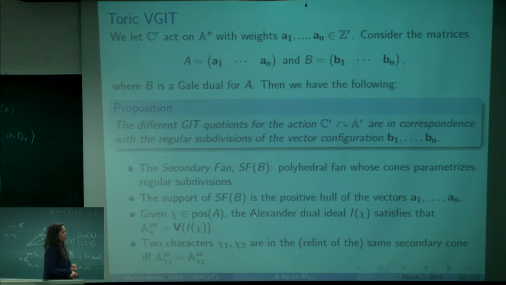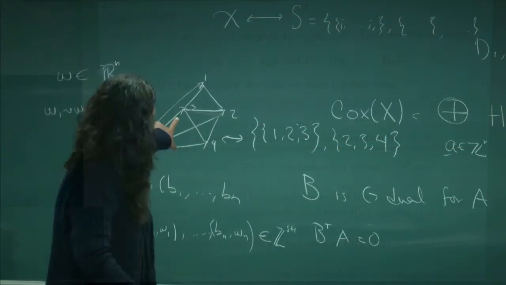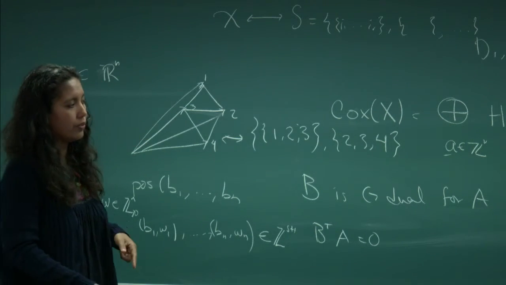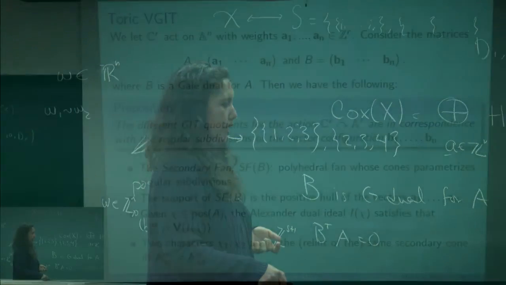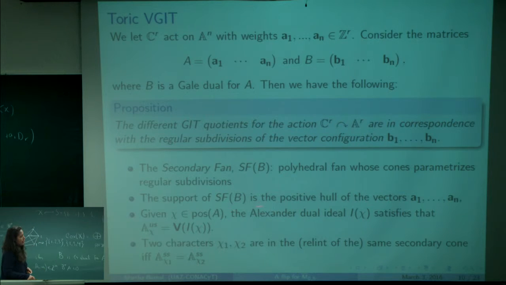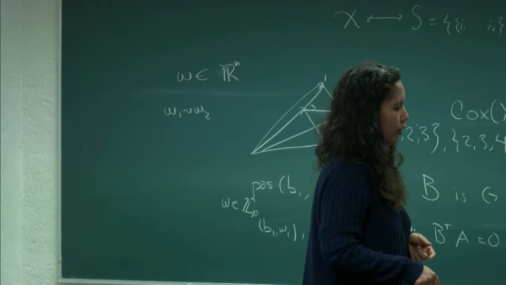This ideal is going to be in n variables, as many as the elements in your vector configuration. The zero locus of this ideal gives you the unstable locus for the action. So whenever you have a point in the positive hull of the weights, you will have a definition of the unstable locus for the action associated to that point.